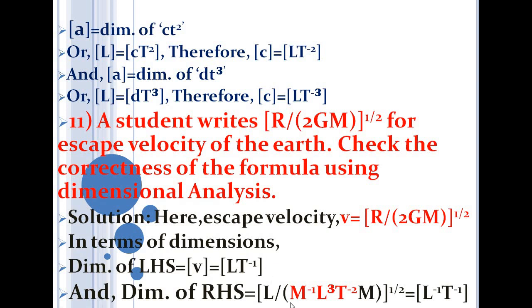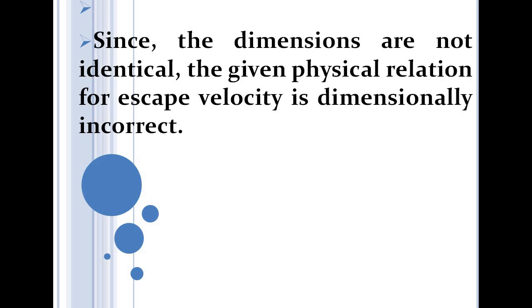G has the dimension M minus 1 L3 T minus 2, and M is the mass, dimension M. Simplify it, you will get L minus 1 T minus 2, that is M cancels, and the remaining quantity simplifies to L minus 1 T minus 1. So what's your conclusion? The dimension of LHS is not equal to the dimension of RHS. So we can conclude that the given physical relation for the escape velocity is dimensionally wrong.